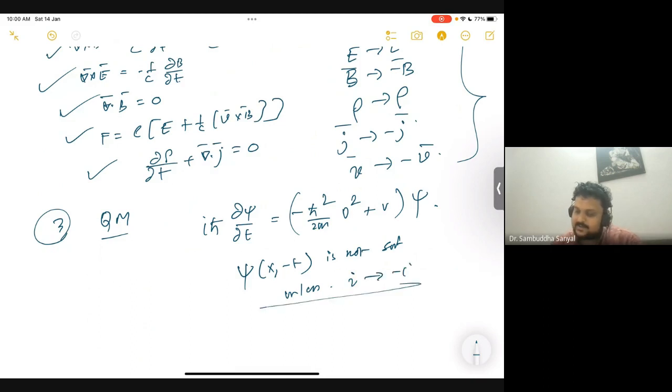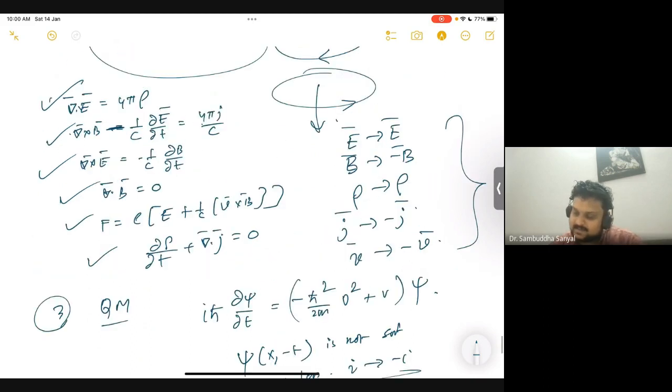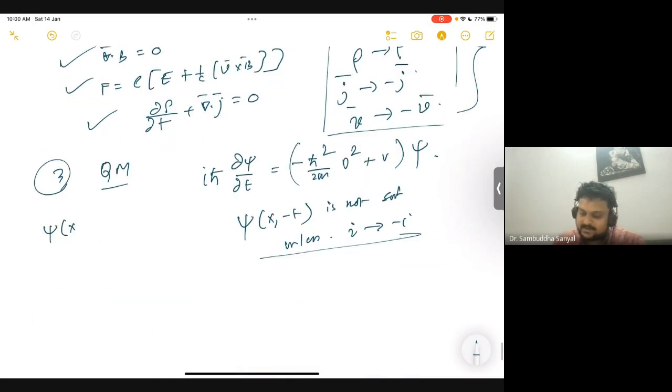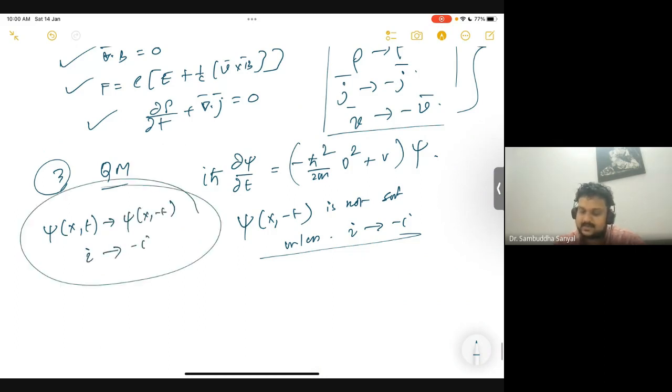So the rule for quantum mechanics is: when psi(x, t) goes to psi(x, -t), then i must go to minus i. So you need a complex conjugation somewhere, right? This is the condition for time reversal invariance of quantum mechanics, and that is what we will start to build up: what is the formalism for that? How should we represent those operators?